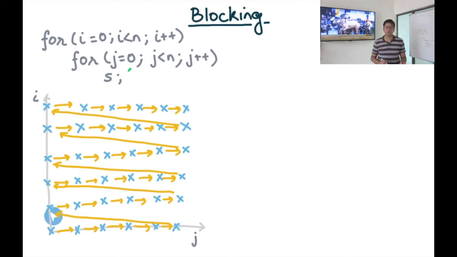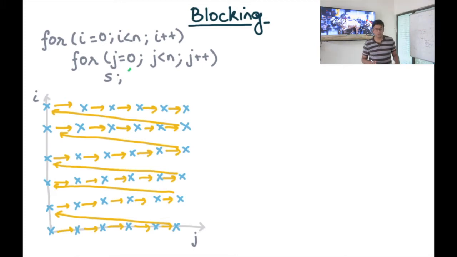Then I go to 1,0, and then 1,1, 1,2, 1,3. In fact, we have discussed this before. This execution order is identical to the ascending lexicographic order of the two loop indices i, j. So now we know this is the execution order.